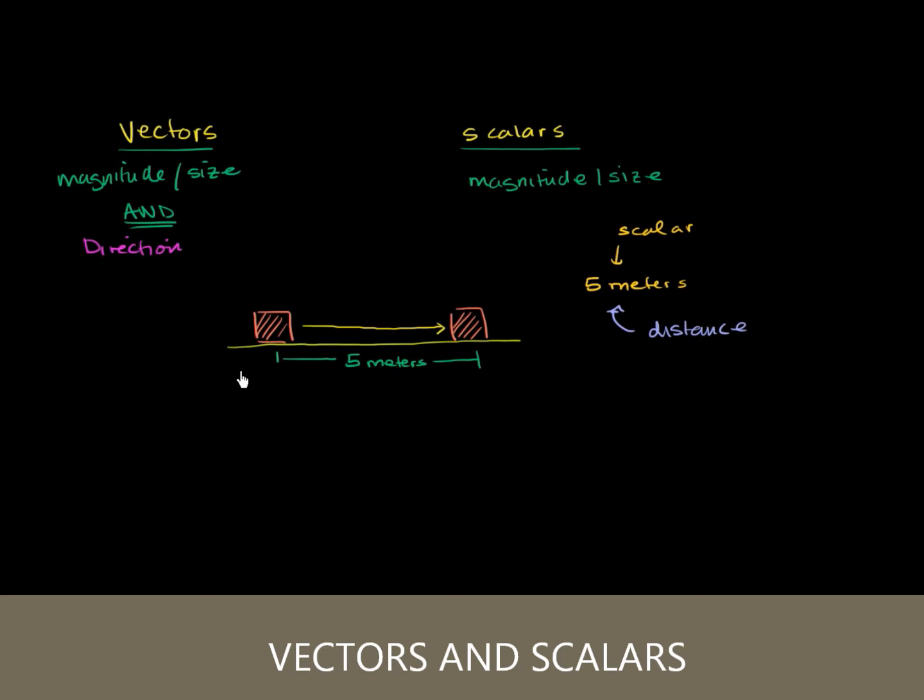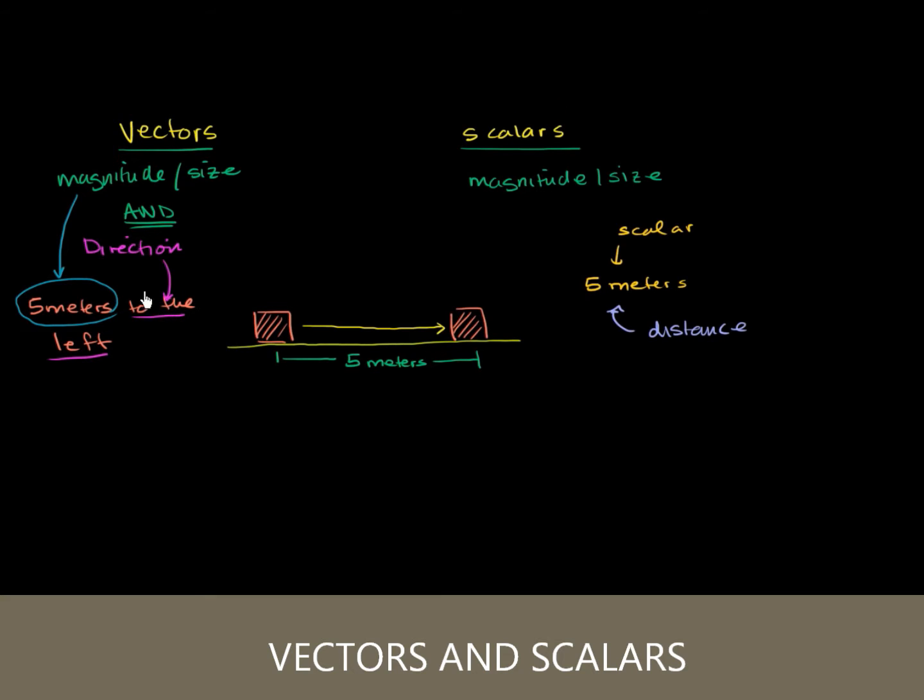If you want to specify that, we could say that this brick moved 5 meters to the left. Now we have specified a magnitude right over there, and we have specified a direction to the left.